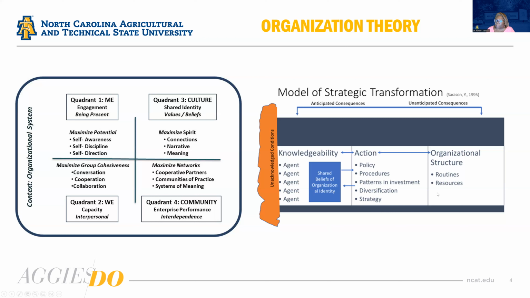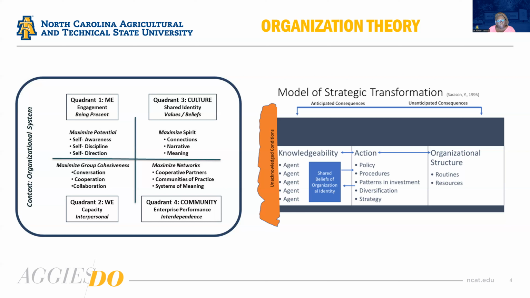But just remember that we're not talking about any behavior in isolation. Leaders don't just all of a sudden do things that require us to pay attention to them. There's all kinds of things happening within organizations that are a part of why leaders make the decisions that they make and why they behave the way that they behave.